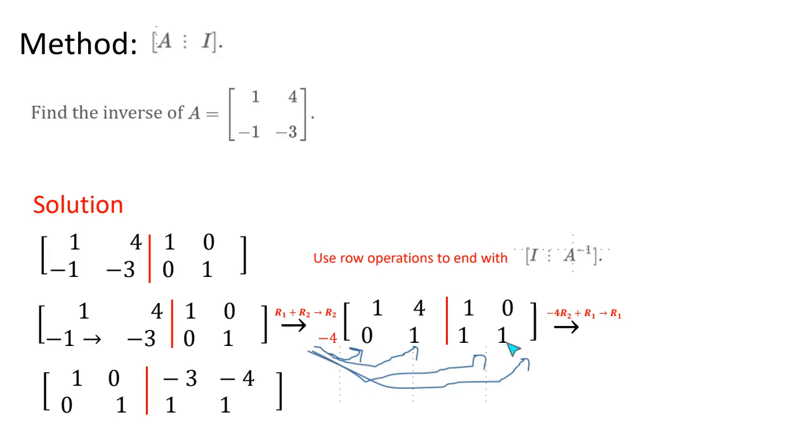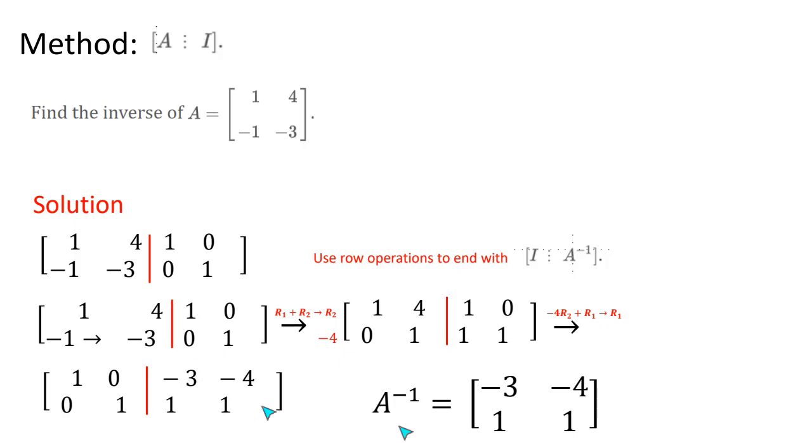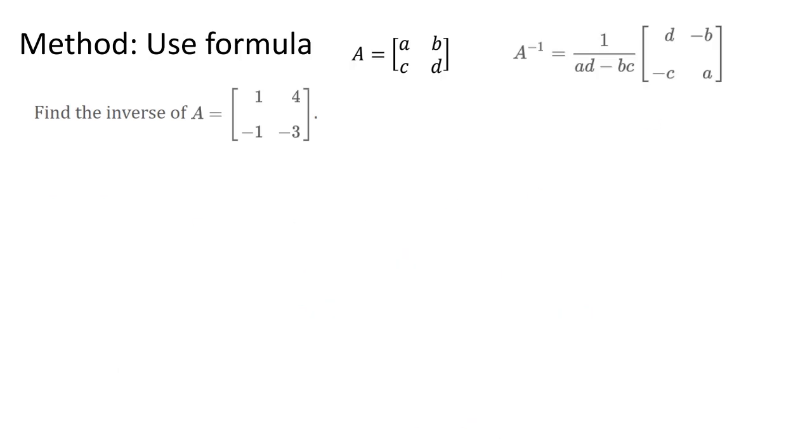And -4 times 1 is -4, plus 0, -4. So if we look at our result, now we have 1s in the diagonal, 0 everywhere else. So I know that I'm done. Whatever is on the right side, that's going to be your inverse. So -3, -4, 1, and 1, that's going to be our inverse. Okay. So this is using the first method.